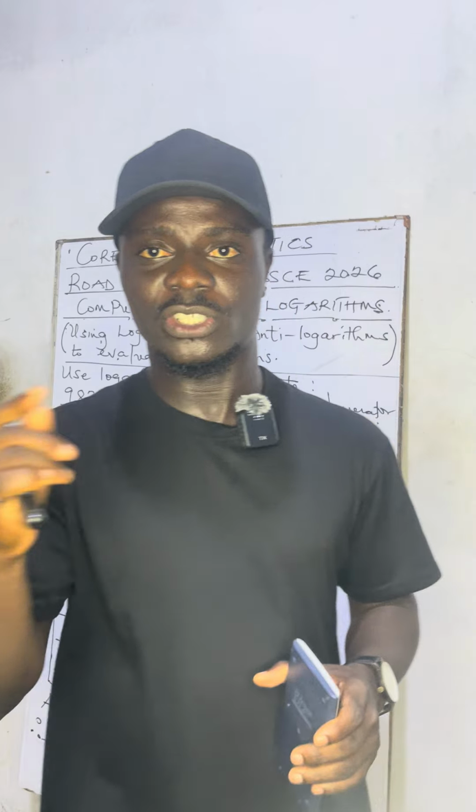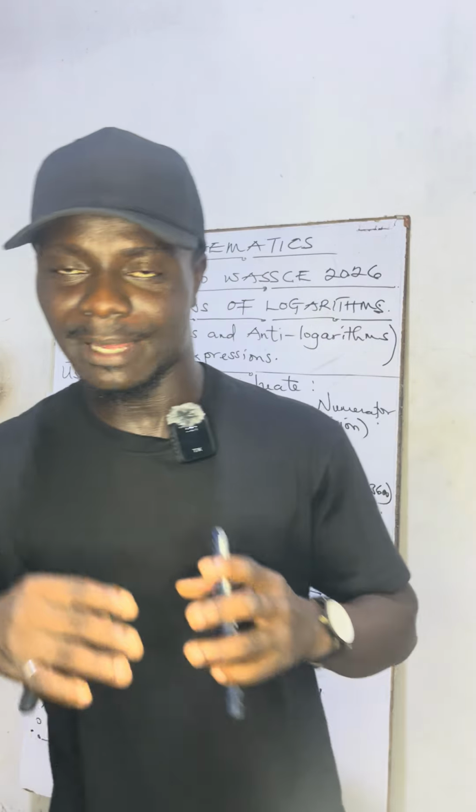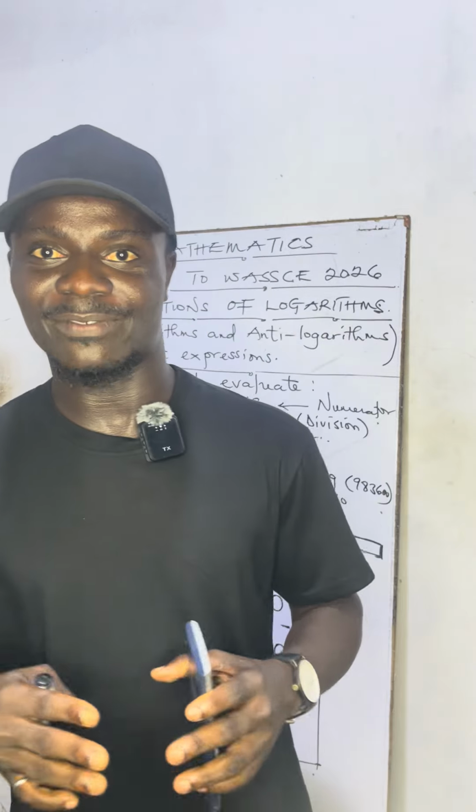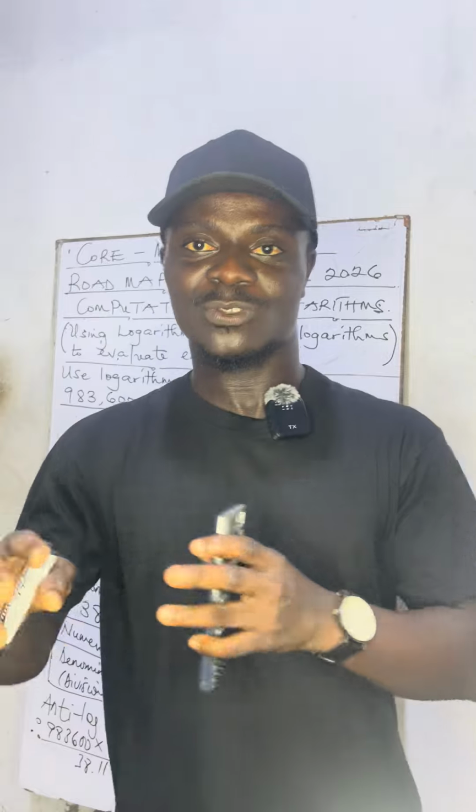You don't need to chew baba, because this one, we don't chew baba here. You need to understand the concept here. So make sure you understand and you solve more examples. And I believe you will love it. That's computations of logarithms. We are using logarithms and anti-logarithms to evaluate expressions.